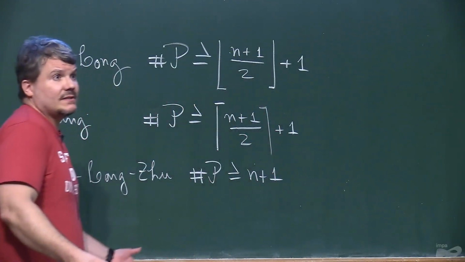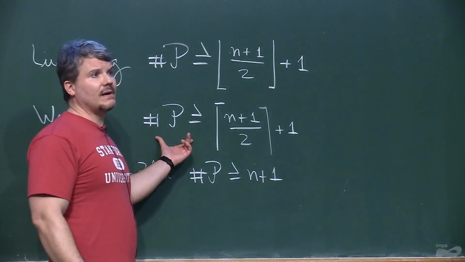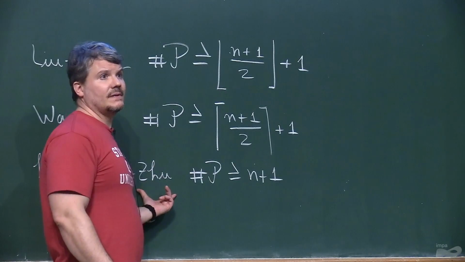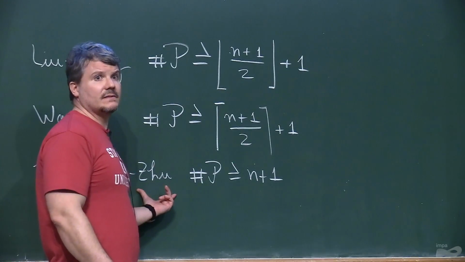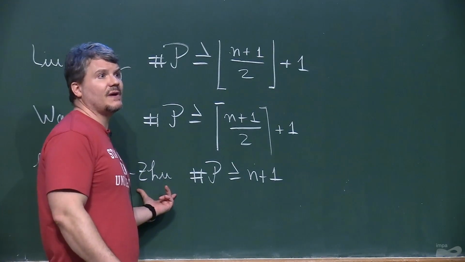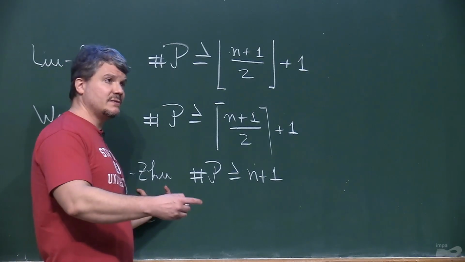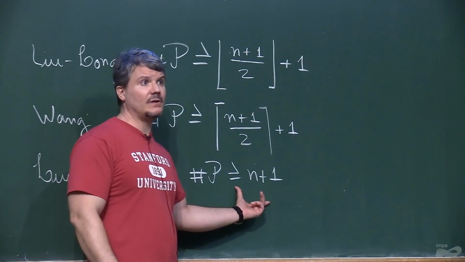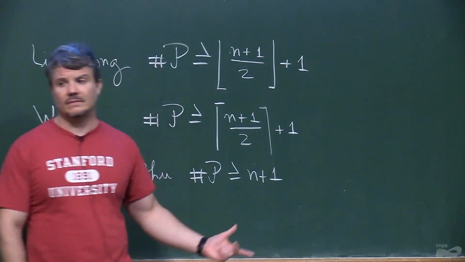So since we know that this lower bound holds in the convex case, can we extend this result to the dynamically convex context? In other words, is it true that if you have a dynamically convex contact form that is invariant by the antipodal map, then you have at least n plus 1 simple periodic orbits? That's the question.